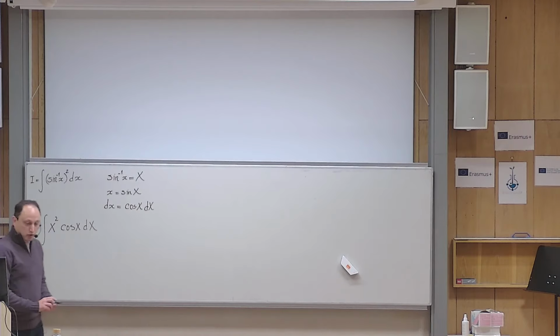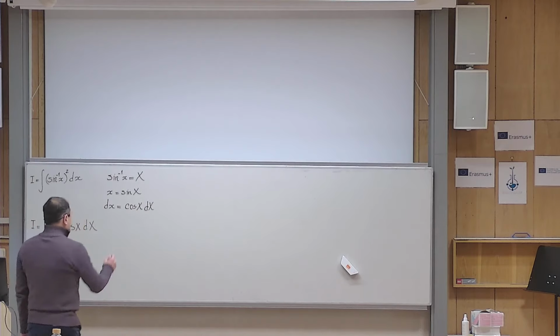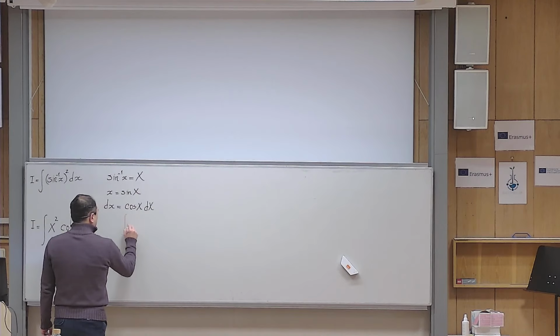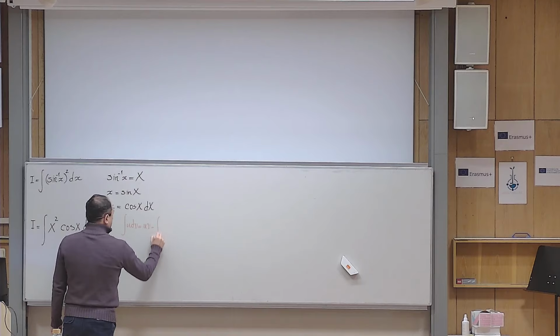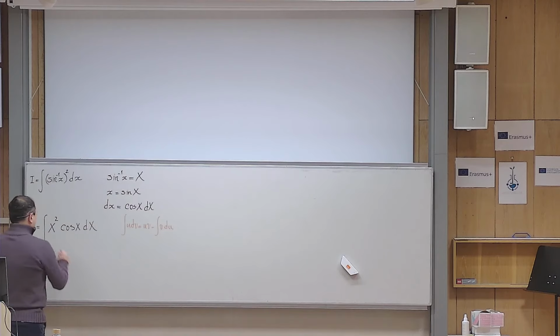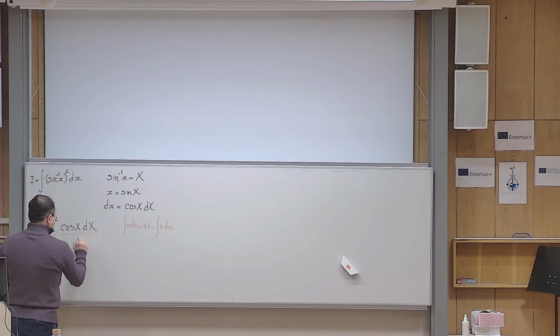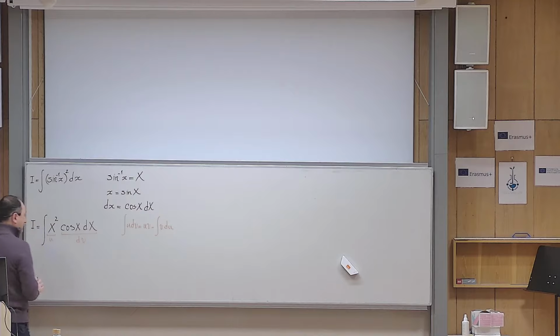The formula for integration by parts is integral u dv equals uv minus integral v du. I give the role of u to this, and the role of dv to this.